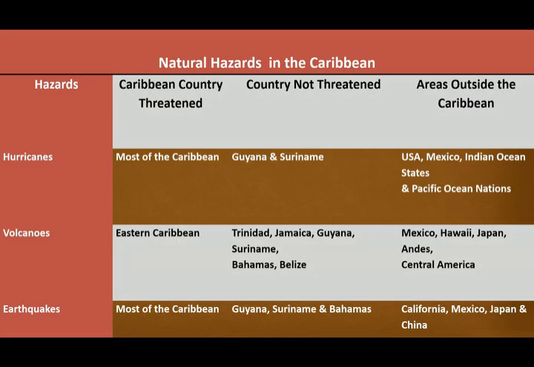Volcanic eruptions only affect the countries in the Eastern Caribbean, but they don't affect Jamaica. Jamaica may have a couple of volcanic mountains, but they are not active. Trinidad is not affected by volcanic eruptions. Neither is Guyana, Suriname, Belize, or the Bahamas.